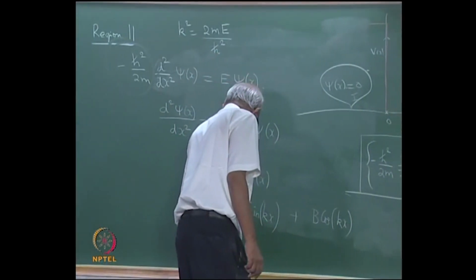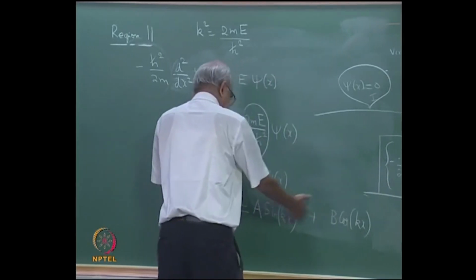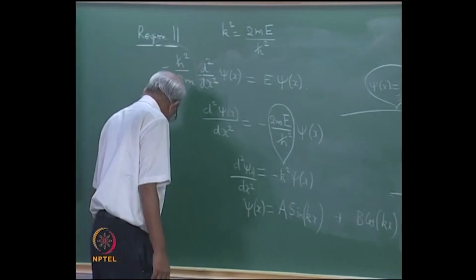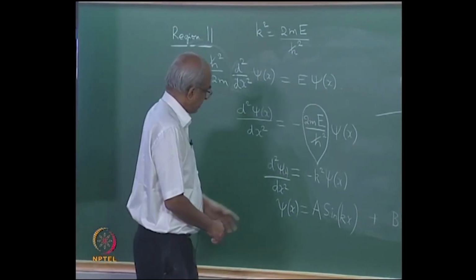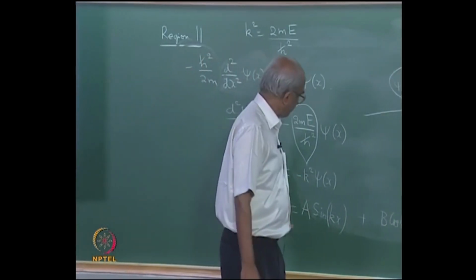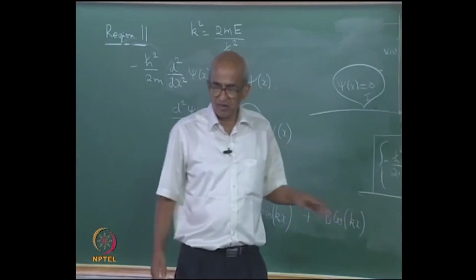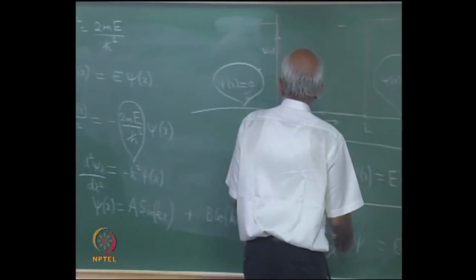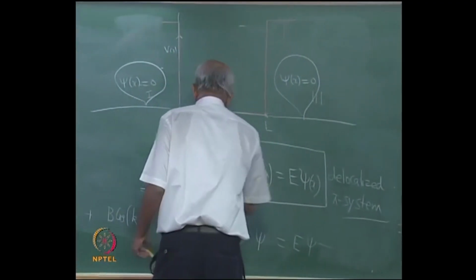But then suppose I have found the solution, and the values of a and b at the moment seem to be arbitrary, but suppose I find the solution and make a plot of it. What I mean is I am going to make a plot of psi of x against x.